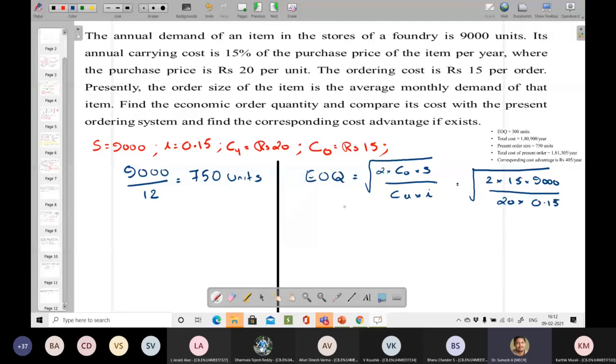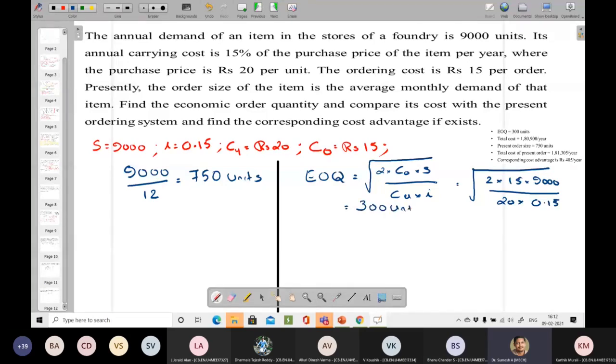What's the value? Sir, 300. So the economic order quantity is 300 units.